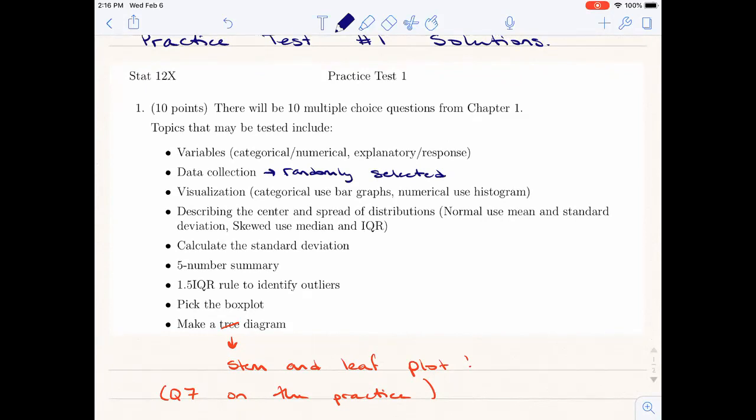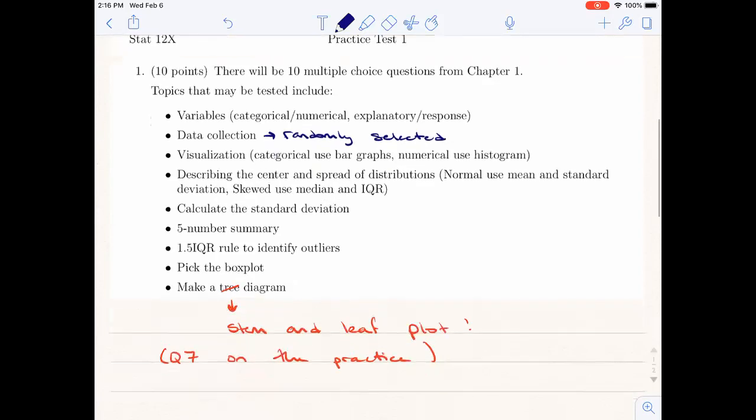And then describing the center and spread of distribution. If you have a normal distribution, then you're going to use the mean and the standard deviation. And if it's clearly skewed, you should be using the median and the interquartile range, right? So just applying that. Calculate the standard deviation.